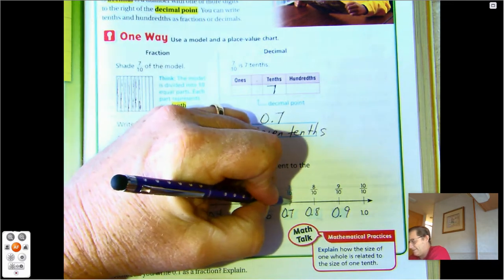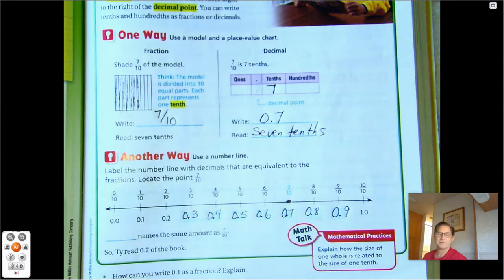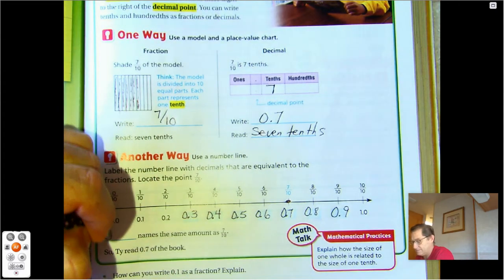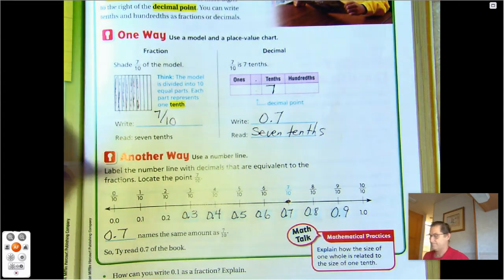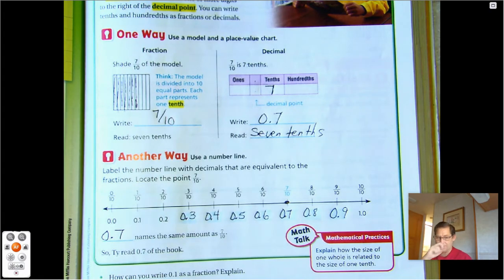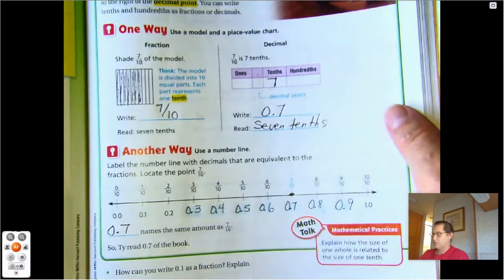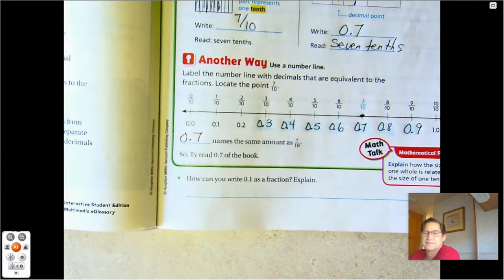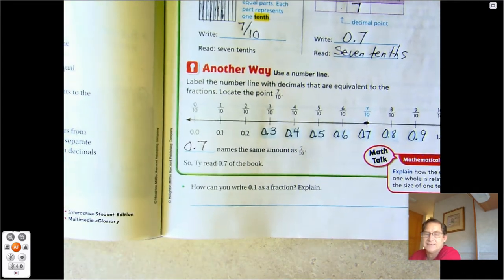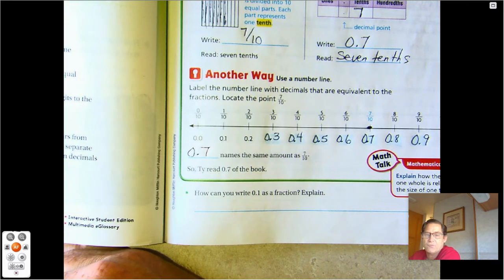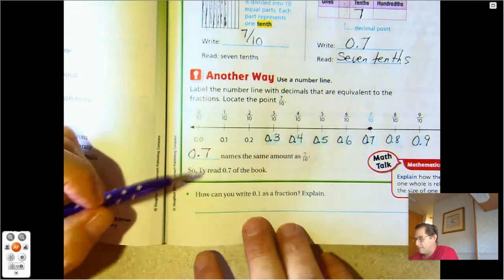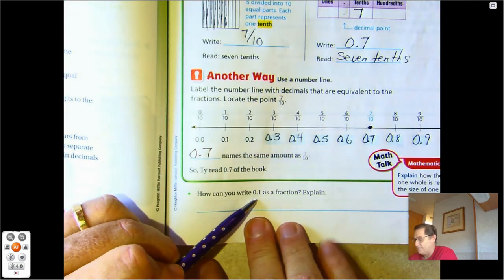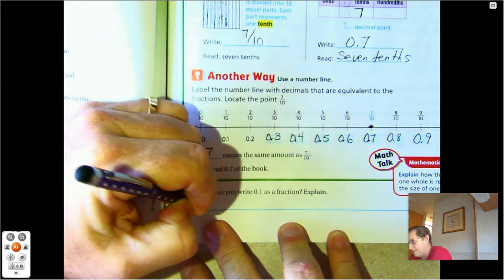And it said locate 7/10. So 0.7 means the same amount as 7/10. So as a decimal, Ty has read 0.7, which is read as 7/10. How can you write 0.1 as a fraction? So 0.1 means 1/10.